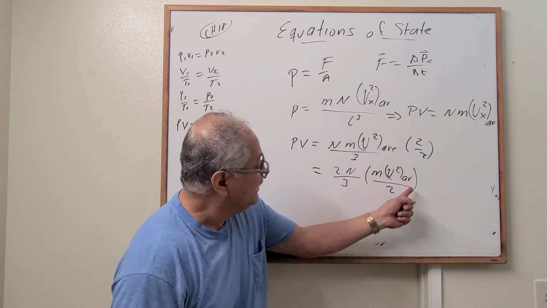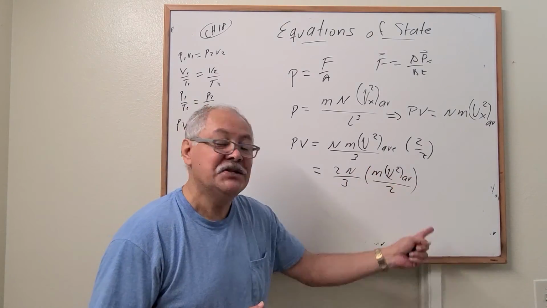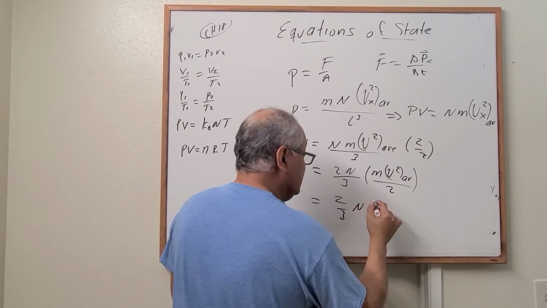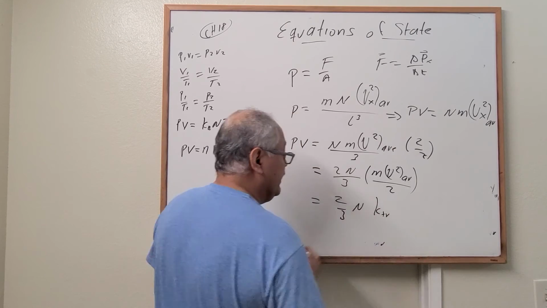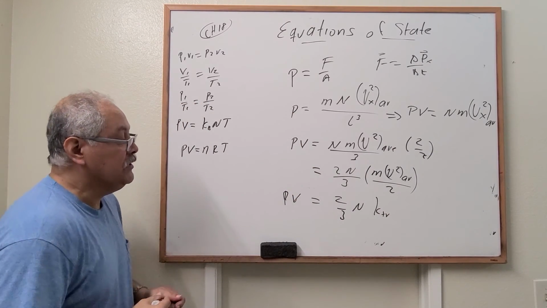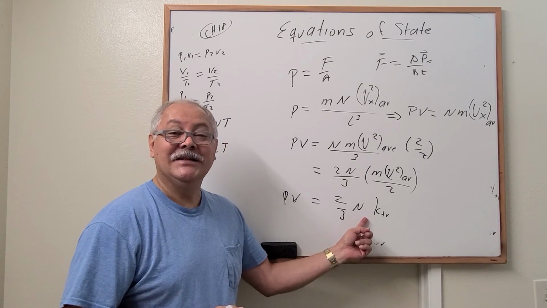But what is this? This is the translational kinetic energy. So it's equal to 2/3 N times the translational kinetic energy. So PV again is equal to this quantity.